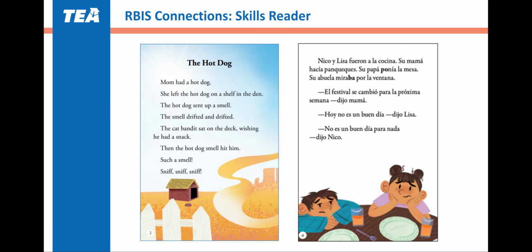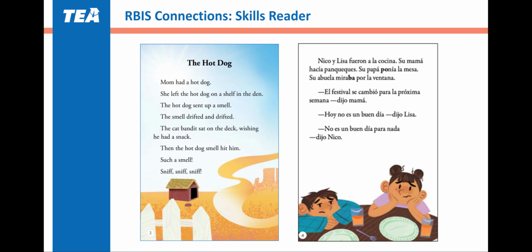This might be familiar to some of you. These stories in the decodables are 100% decodable because they allow students to try out newly learned sound spellings. The readers become more sophisticated as students' skills grow, and the Spanish readers are 100% authentic.